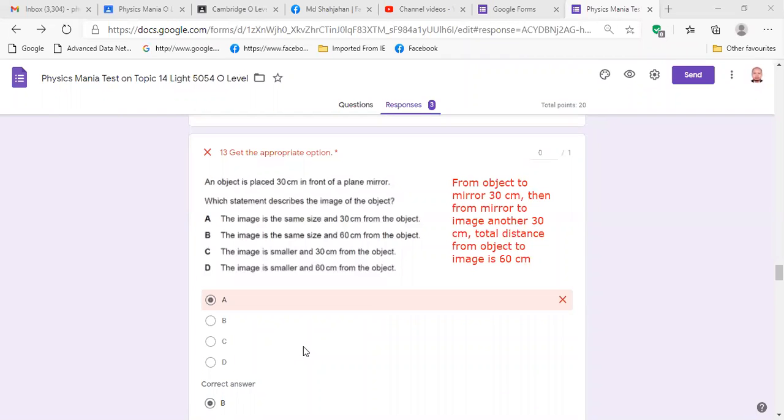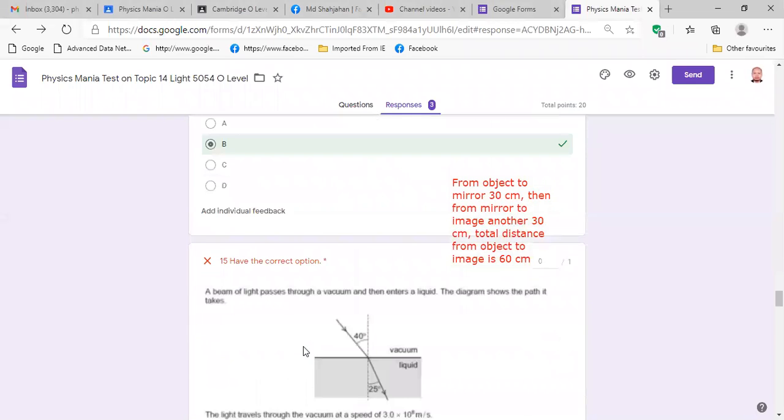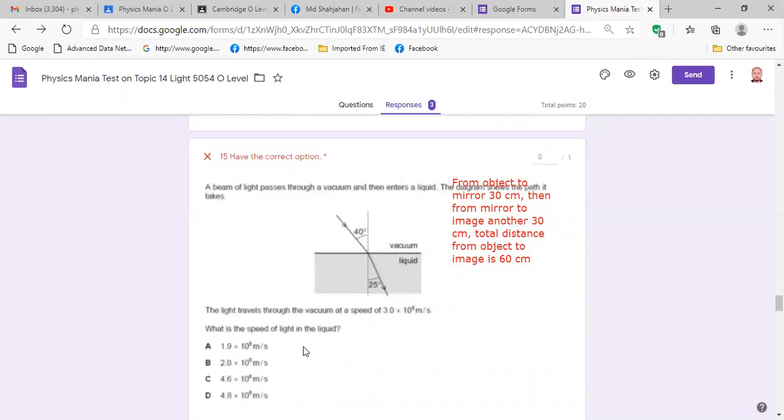Now, question 13 is done. Then 14, she is right. 15, another tricky question. A numerical, tricky. Okay, so you have sine i by sine r, 1.52, right? How much is coming?